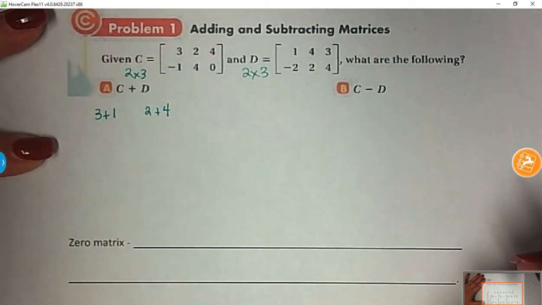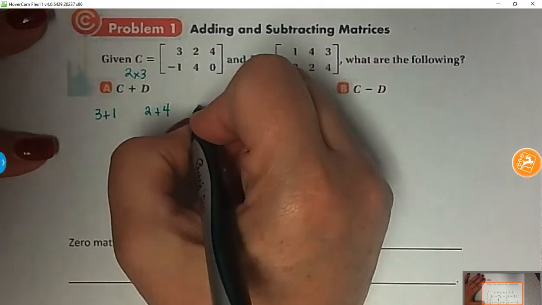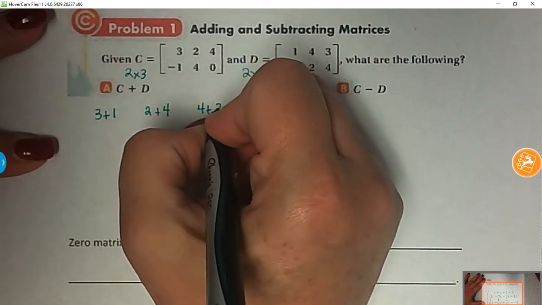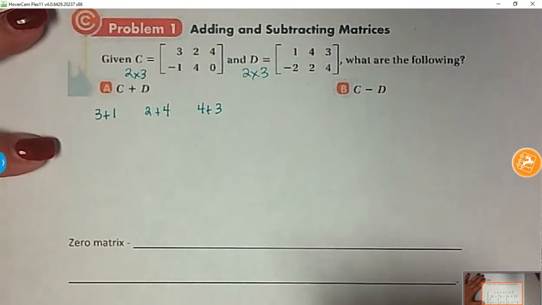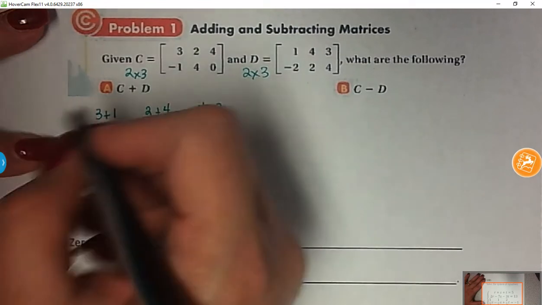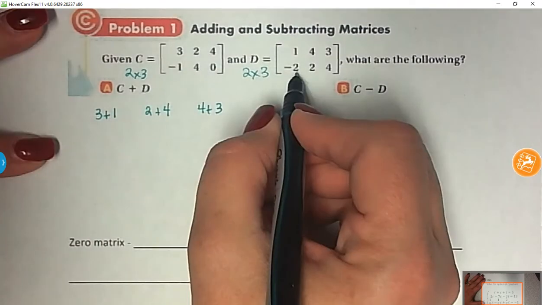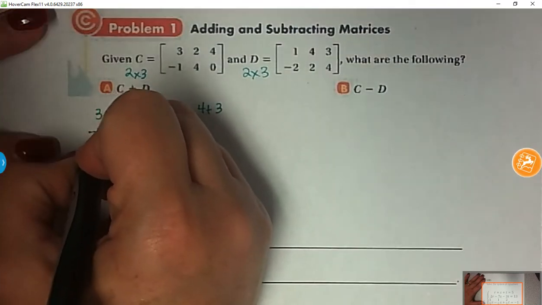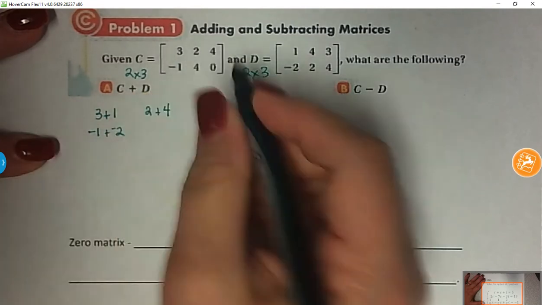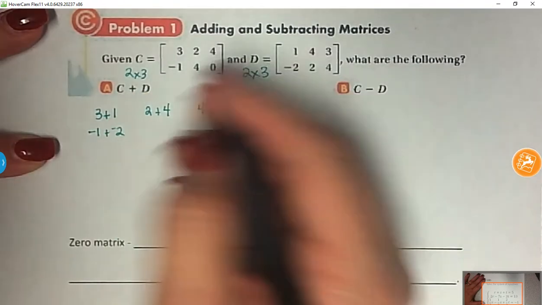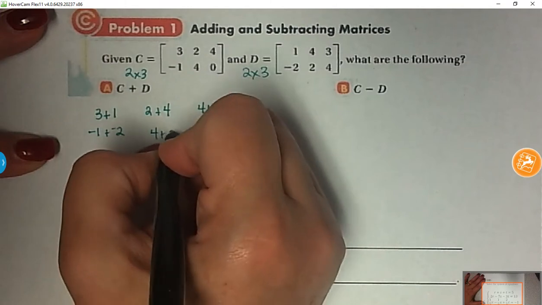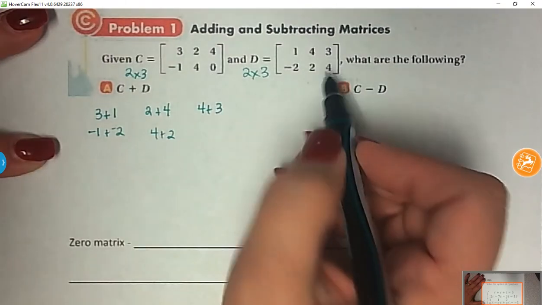Stay on row 1 and do column 3, that is 4 plus 3. Now we're going to move down to row 2. -1 plus -2, 4 plus 2, and 0 plus 4.